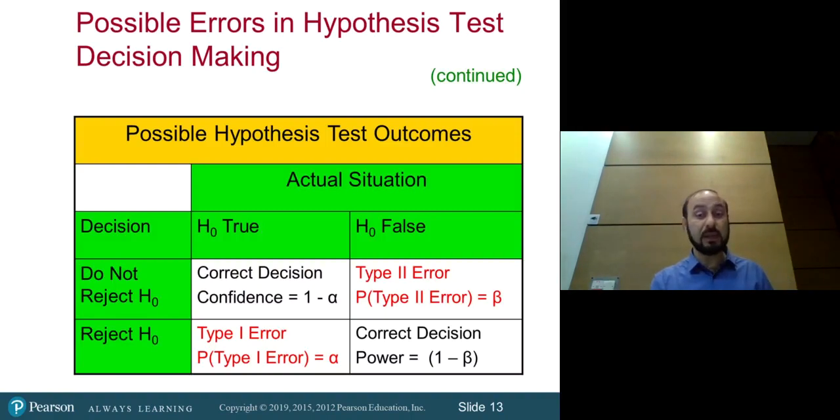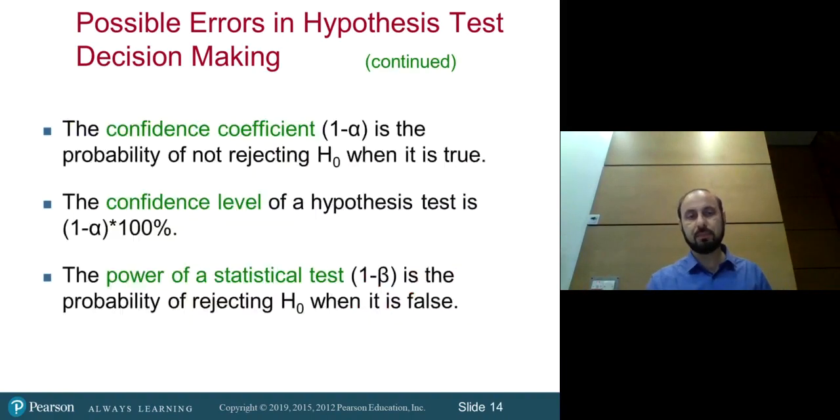We denote it with beta. You see, 1 minus alpha is the confidence for a correct decision, and 1 minus beta is the power, also a correct decision. But if H0 is false and you do not reject it, you encounter type 2 error, denoted with beta.